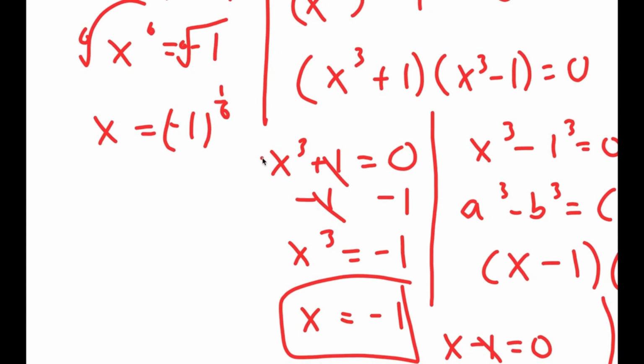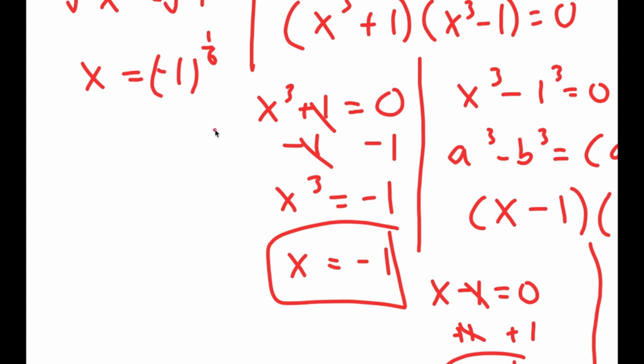So now, the 6th root of -1 is, say, we know that i is equal to the square root of -1, which is equal to -1 to the power of 1/2.